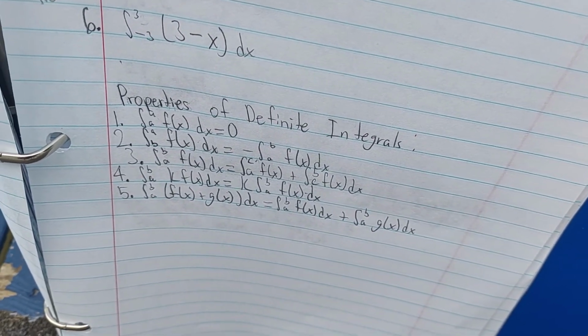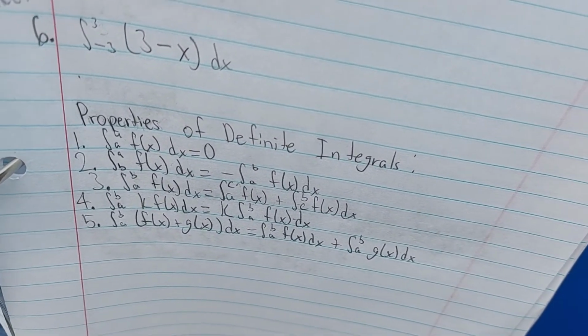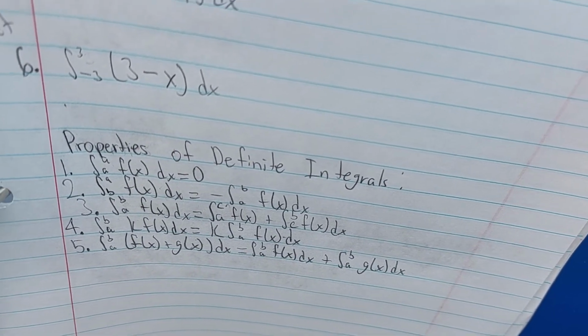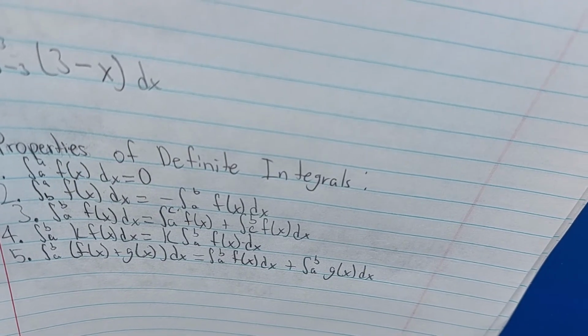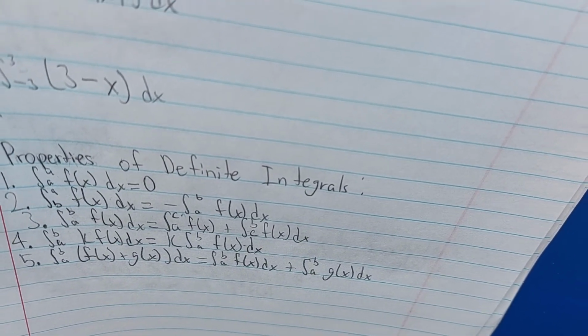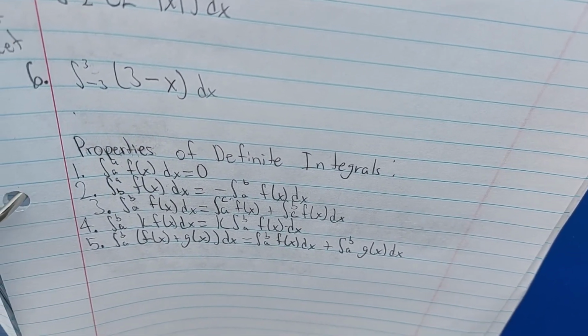If there's a c value, you'll turn it into the integral with c as the upper bound and a as the lower bound of f of x, added to the integral with c now the lower bound and b the upper bound of f of x.